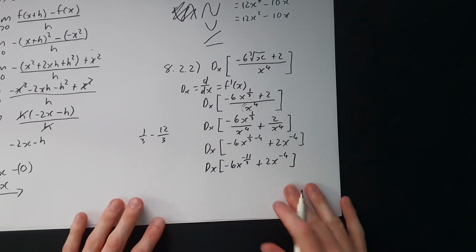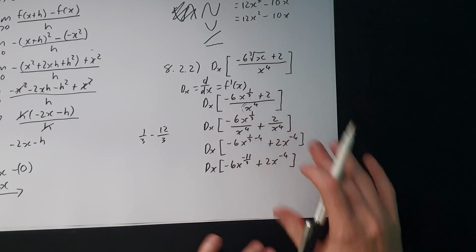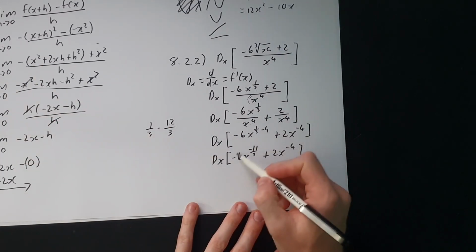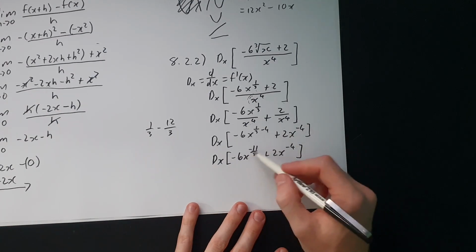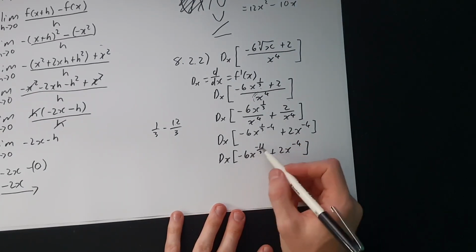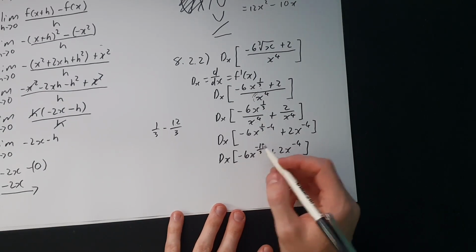Now we can just use the short exponent rule for derivatives, so we don't have to use first principles. You multiply by the front number and then minus 1 off the exponent. So negative times negative is positive, 6 times 11 is 66.